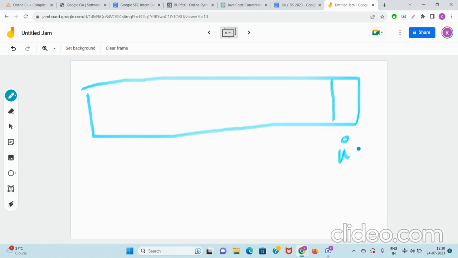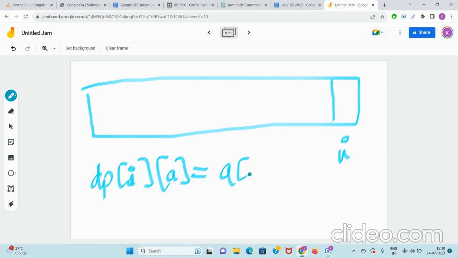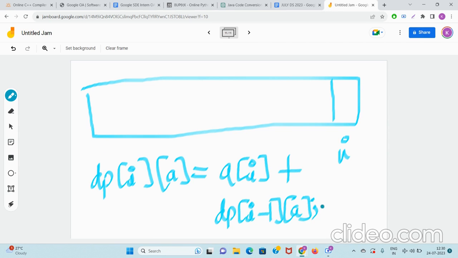DPI of A means the best answer for this array such that the last element is A. So the answer will be A of I plus DPI minus 1, and you have to take the maximum of both A and B.